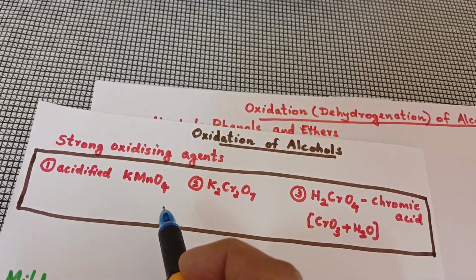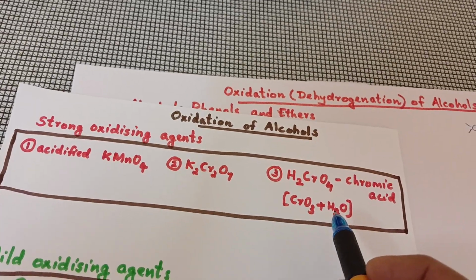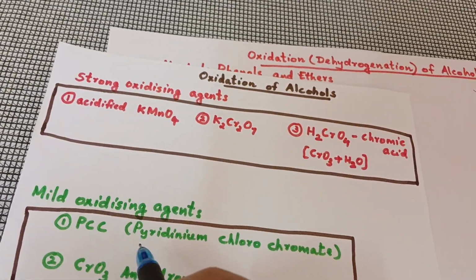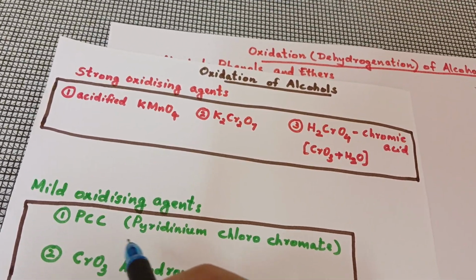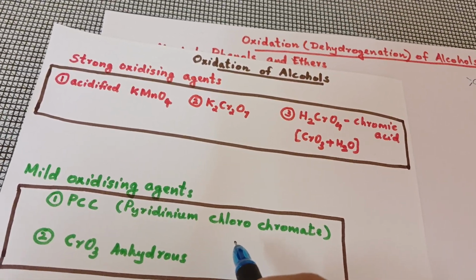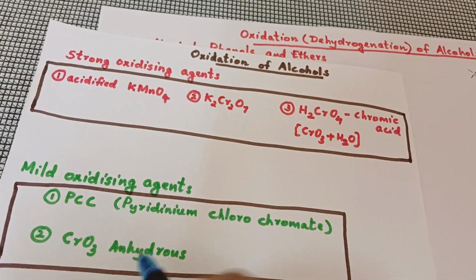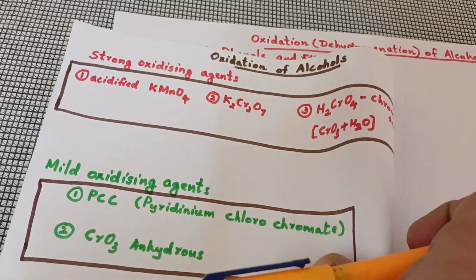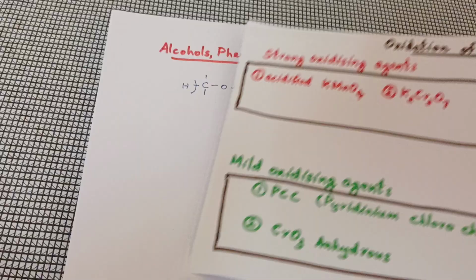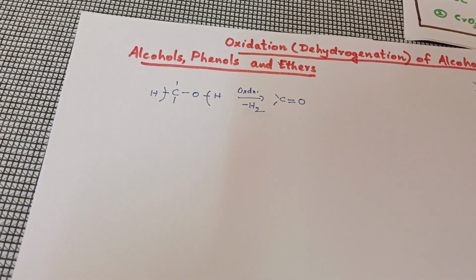So these are the strong oxidizing agents. Whereas the mild oxidizing agents are PCC, pyridinium chlorochromate, and anhydrous CrO3 or chromic oxide. So these are the strong and mild oxidizing agents.